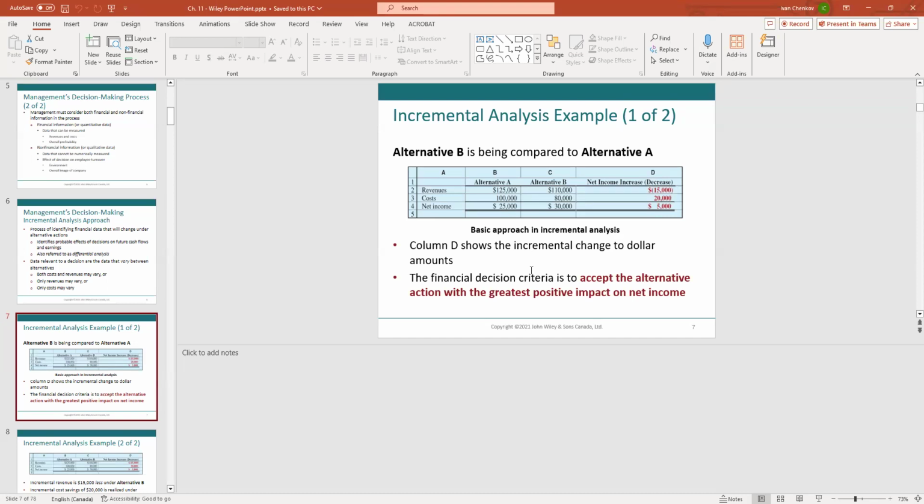But if I go with alternative B, I'm going to save 20,000 on cost. So my saving, if I go with the second alternative, is $5,000 after the revenue that I'm losing. So that will generate me $5,000 saving. Does that make sense?